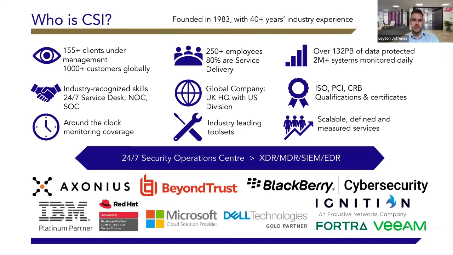We are a managed services provider across a multitude of technologies, vendors, and services. We deliver true 24/7 around-the-clock coverage from both our NOC and SOC with regards to services that we provide across security, public cloud, and infrastructure as a service. And all of our technologies that we work with are industry leading. As you can see, some of the vendors that we have in our portfolio are on the slides today.